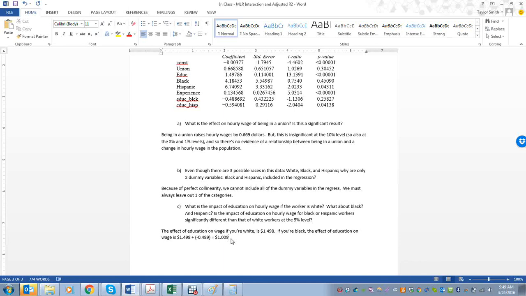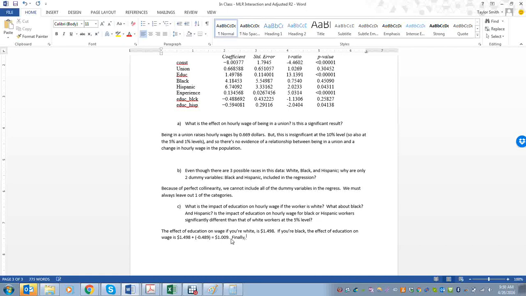Okay, so you can see how this interaction term changes the effect of education depending on the race category that you're in.